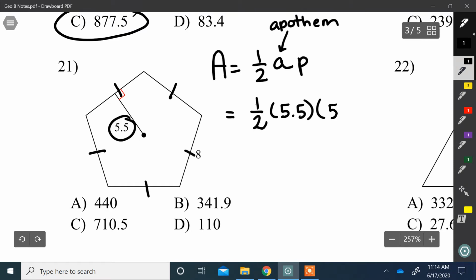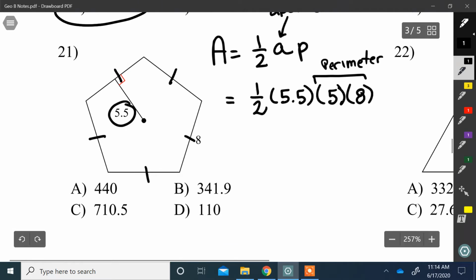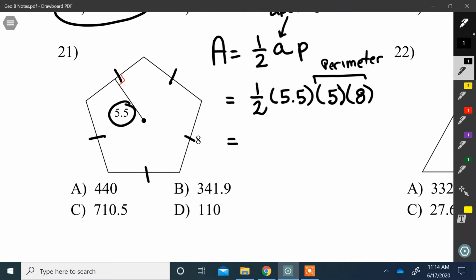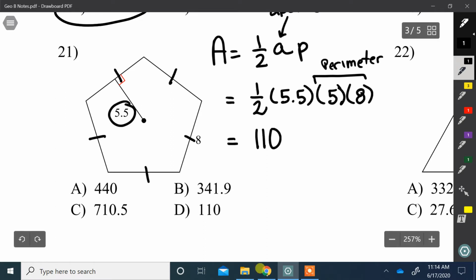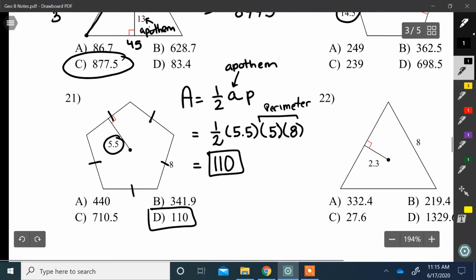So technically it's 5 times 8 is the perimeter. So remember, the perimeter is all the sides added together. So we got 0.5 times 5.5 times 5 times 8. And we're going to get 110 actually. So the answer will be D.